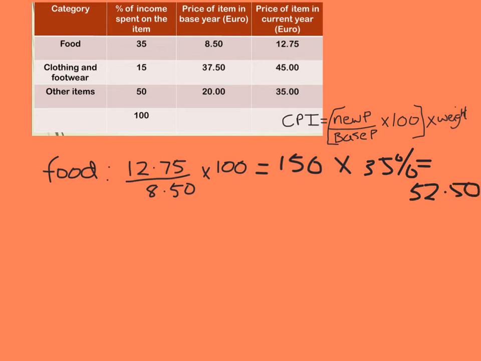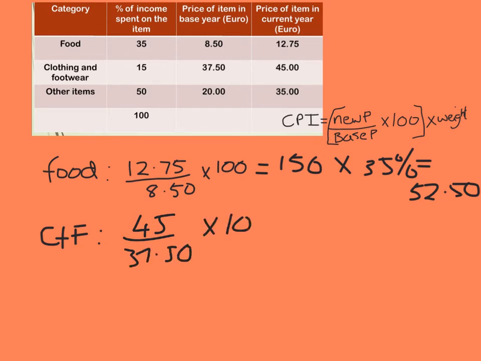Perfect. Now let's go ahead and do the clothing and footwear one. So I'm just going to call this C and F. And again, we're going to put the price of the item in the current year over the base year. So I'm going to get 45 over 37.50.